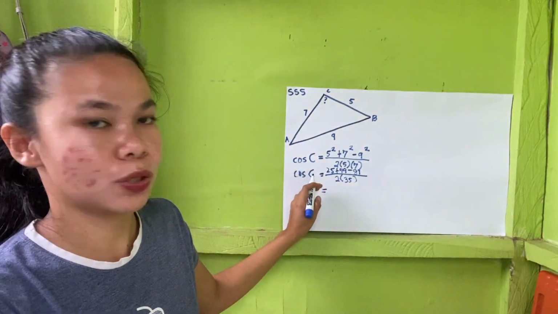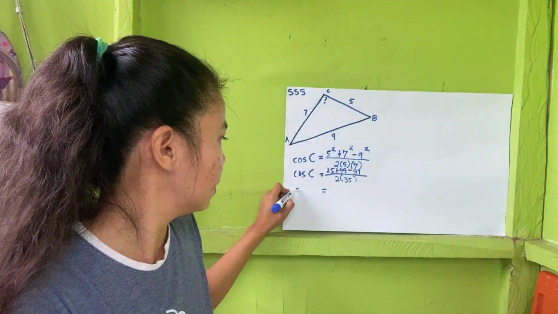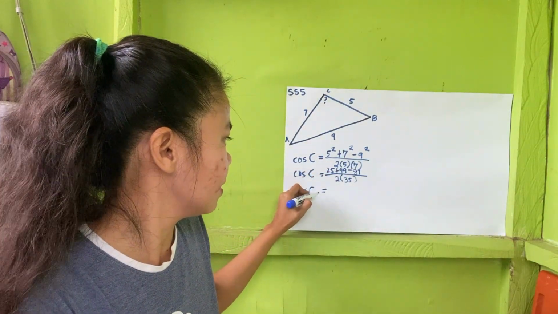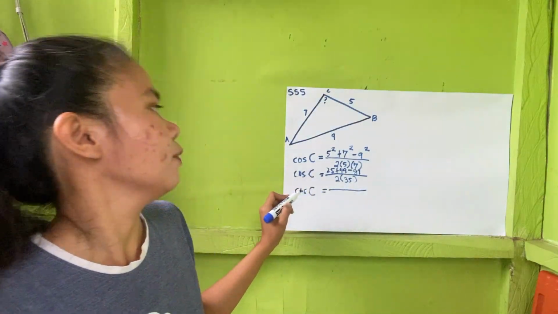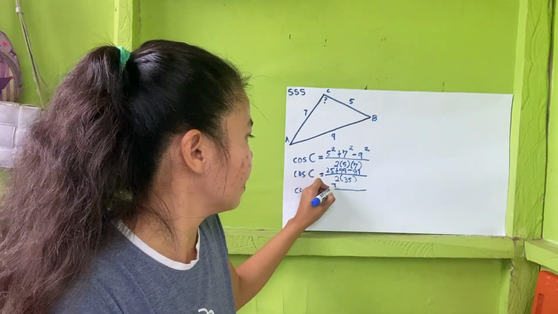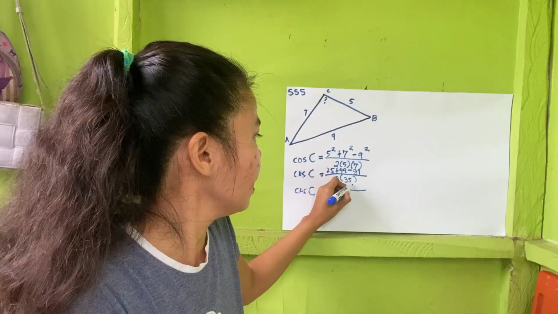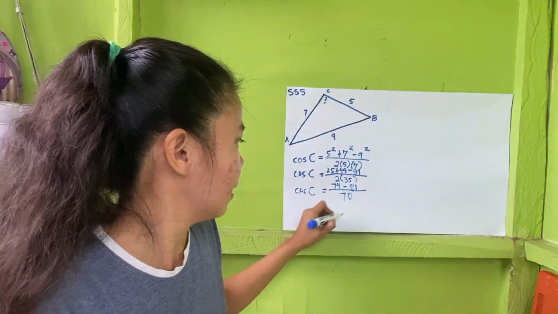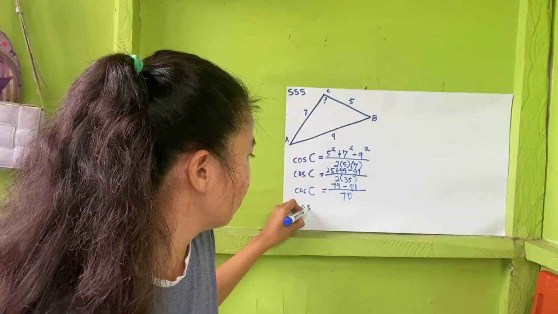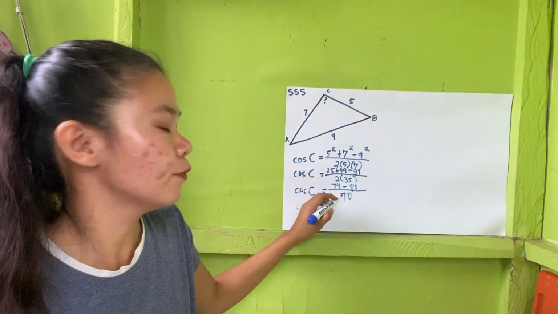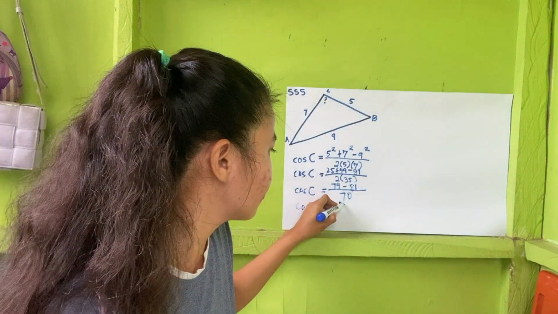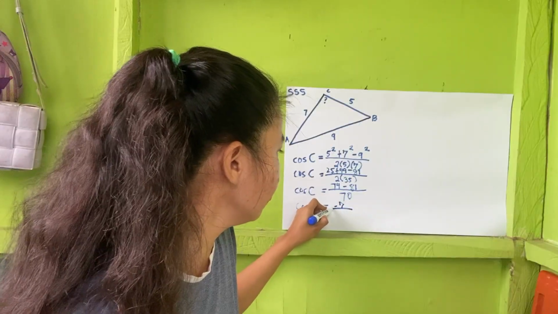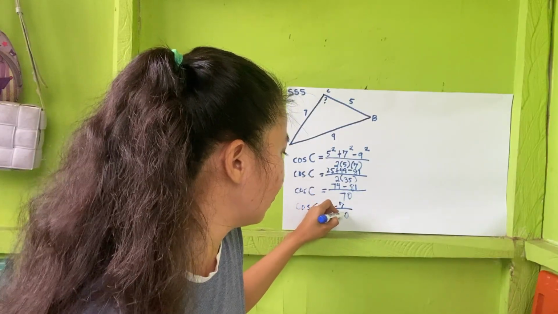So we're going to add this one. So cosine C is equal to 25 plus 49, that's 74, minus 81 over 70. So we have cosine C is equal to 74 minus 81, that's negative 7 over 70.